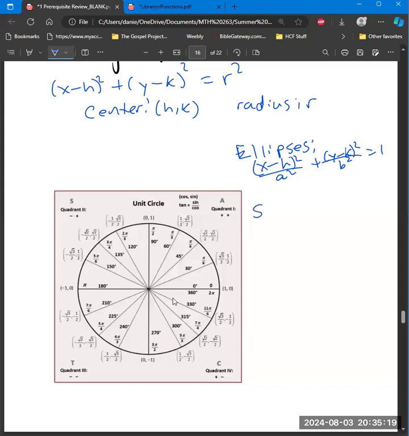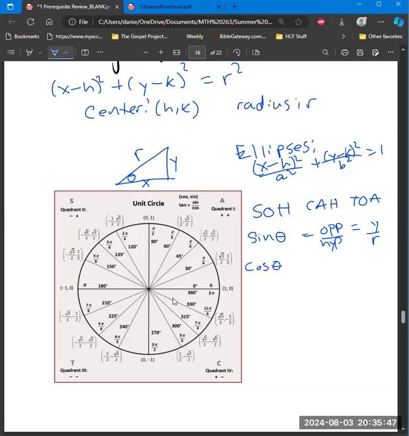I want to move on here and talk about SOHCAHTOA to review our trigonometry. That means the sine of an angle is equal to the opposite over the hypotenuse. If we have an angle in standard position with x, y, and r, this is going to be y over r.